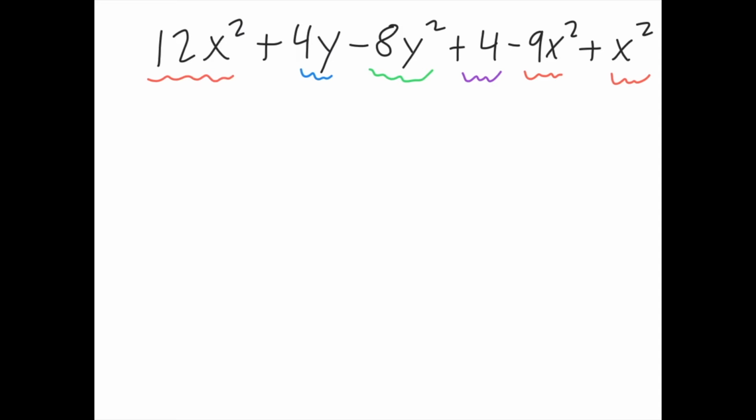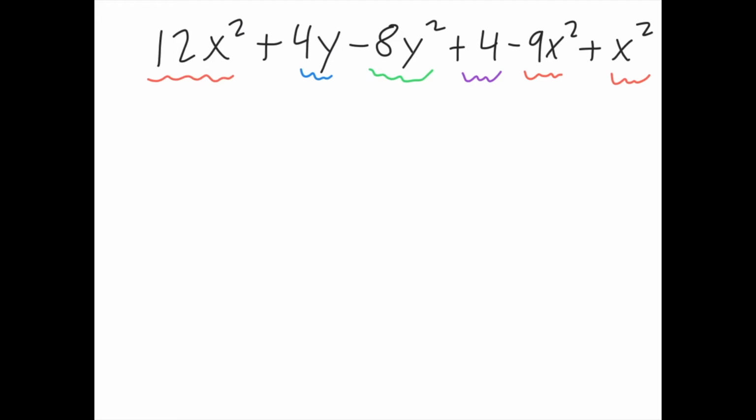So then we add what we need to. So we have 12x squared minus 9x squared plus x squared. Just so we know, what number do we say is in front of x squared when there's nothing there?